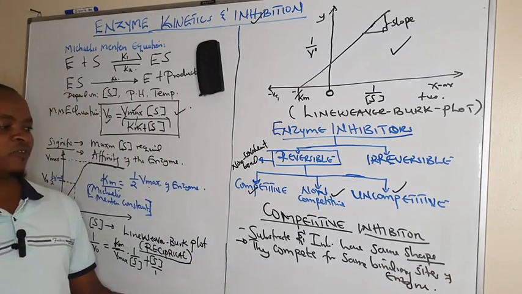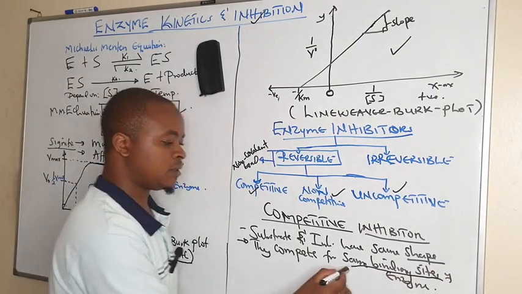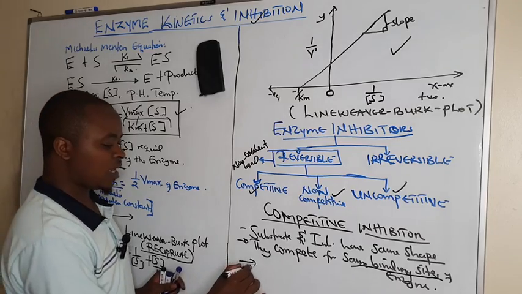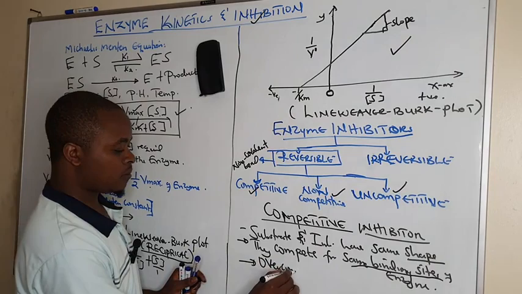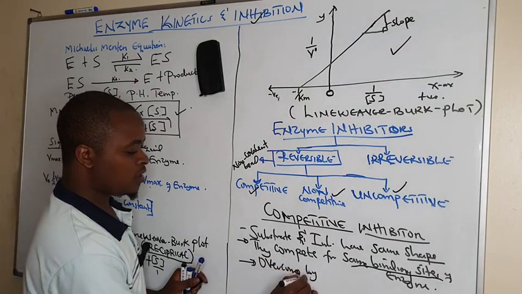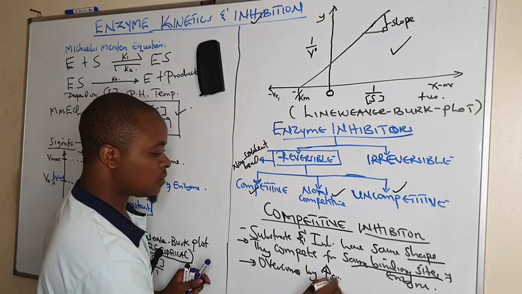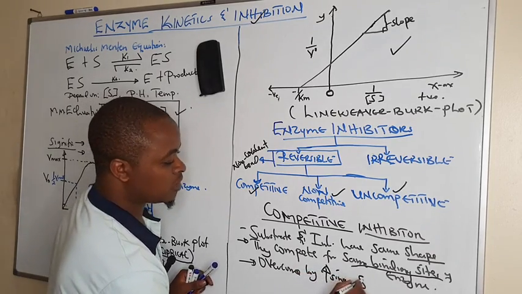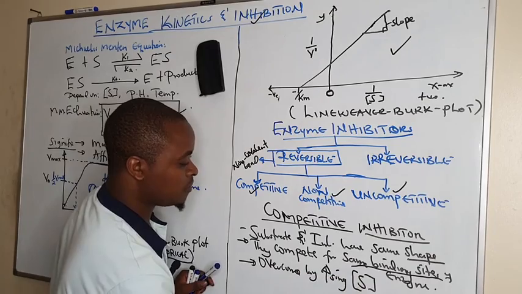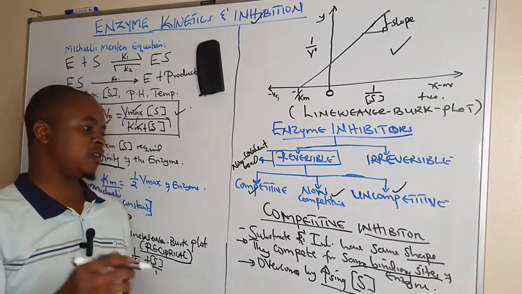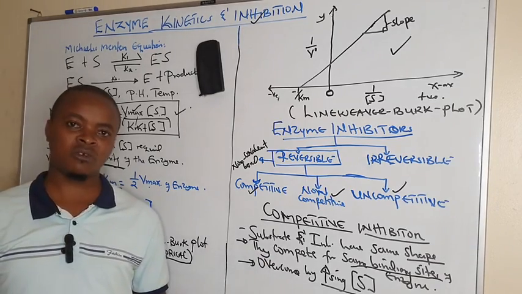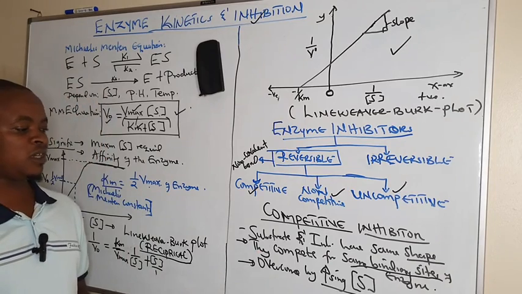And because they compete for the same binding site, we can easily overcome this reaction. This reaction can be overcome by increasing substrate concentration. When you increase substrate concentration, you can easily overcome this type of inhibition, which we are calling competitive inhibition.